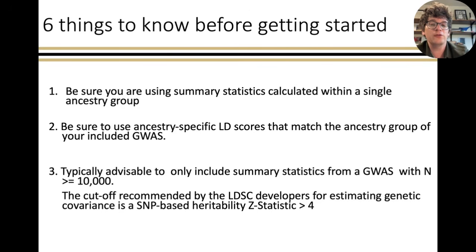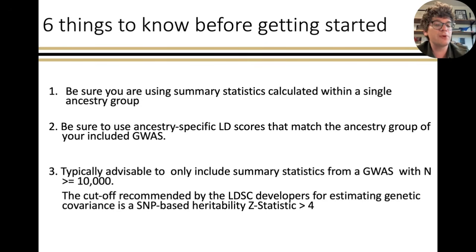Similarly, the LD scores that are used to estimate LD score regression need to match the ancestry group of your included GWAS. GWAS data is now becoming well-powered and available outside of just European ancestry. So I would encourage people to think about running genomic-SEM models in other ancestries. But again, logistically, you need to make sure that it is within a single ancestry group in order for the statistical properties of LD score regression to work.